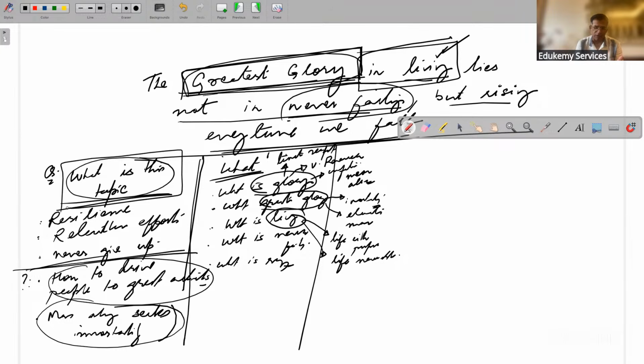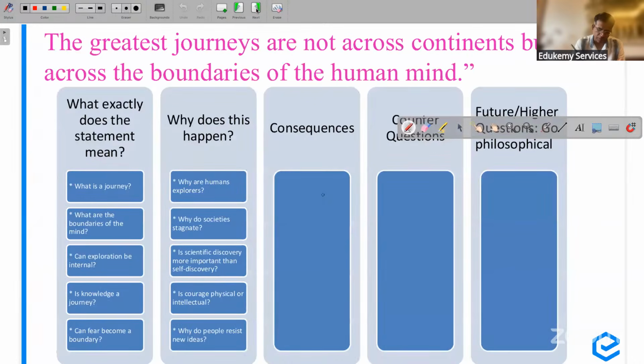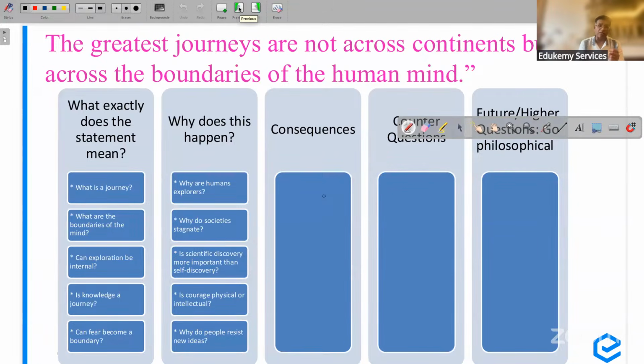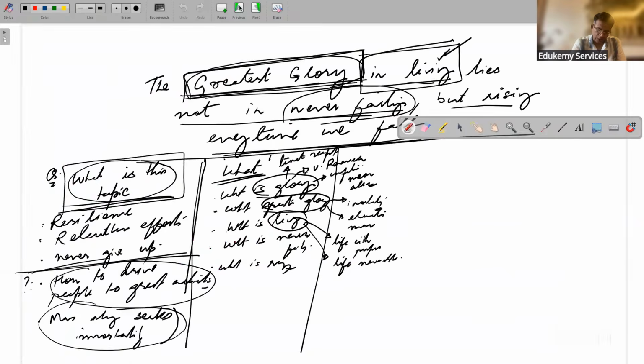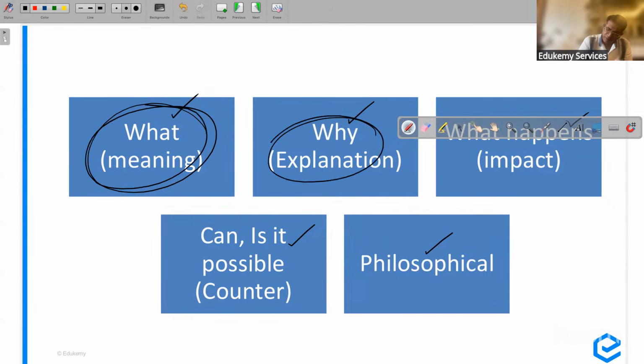So what type of questions? If you look at this, I had shown a box to all of you. You have to ask questions around, no, not this one, sorry, this one. Ask what type of questions, then ask why type of questions. So what is glory? What is greatest glory?